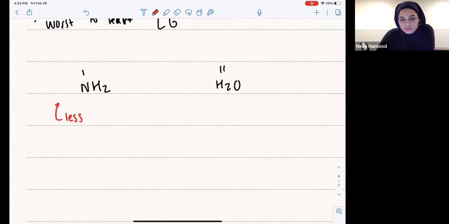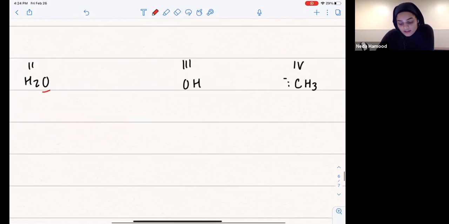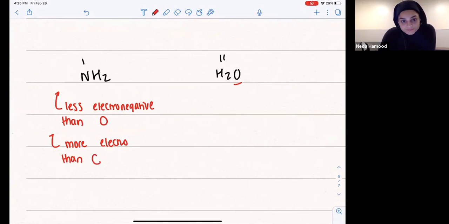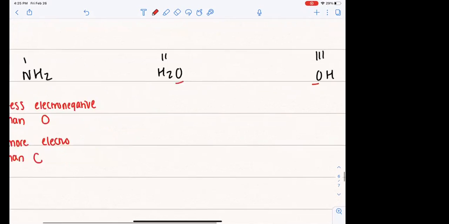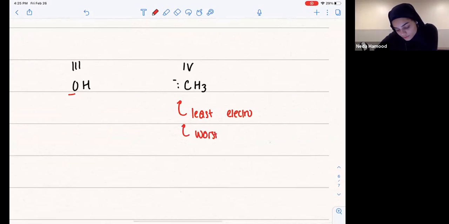The best way to think about this really is electronegativity. So we have carbon, which is less electronegative than oxygen. We see oxygen here and also there, but it's more electronegative than carbon. Carbon is the least electronegative, and therefore the worst leaving group.